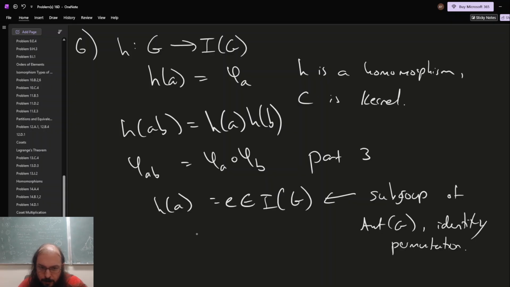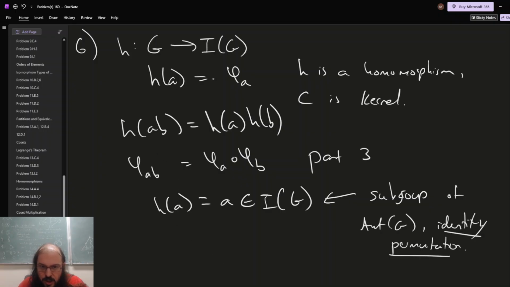The identity function. And so the question is, which h of a's are equal to the identity element of I of G, which is the identity permutation. In other words, h of a is just equal to the identity.